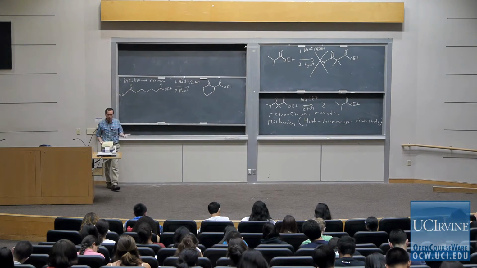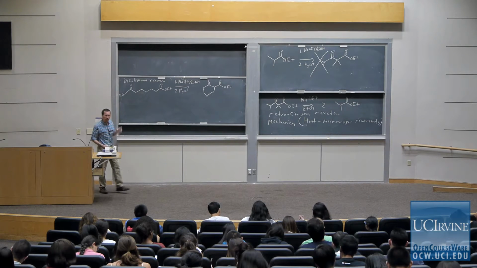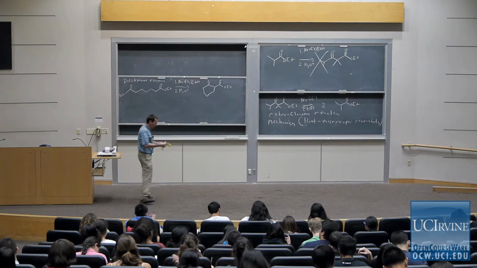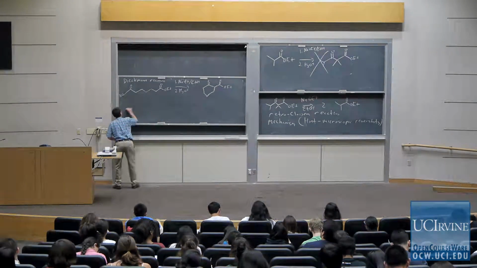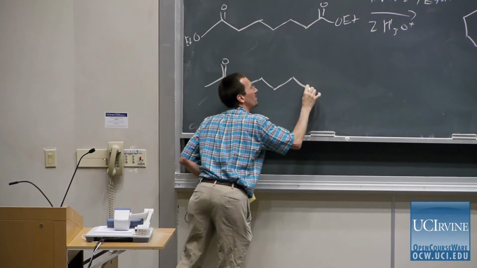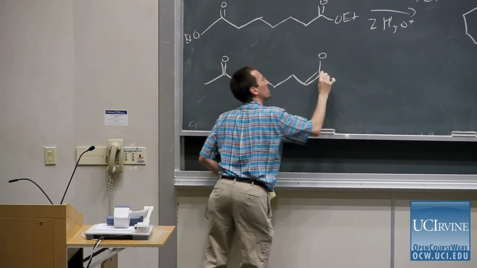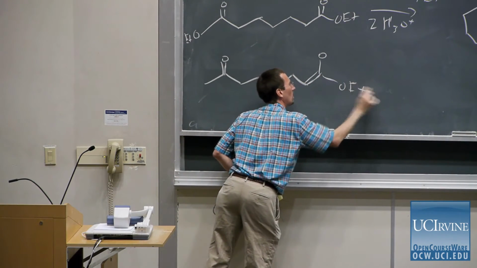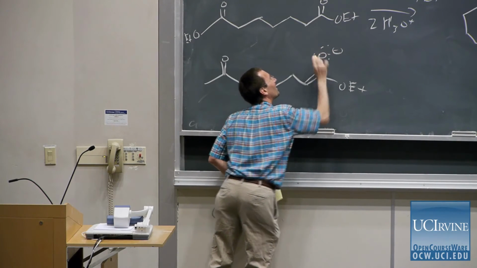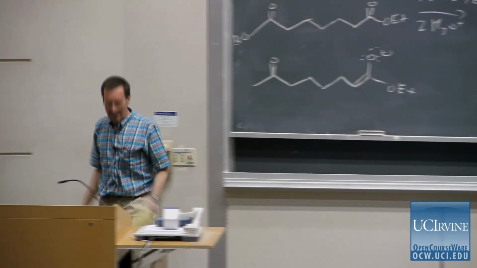The mechanism, it's just a Claisen reaction. Often, when students see rings for the first time in intramolecular reactions, they get freaked out. So let's go ahead and do an abbreviated version of the mechanism. We're under equilibrating conditions.